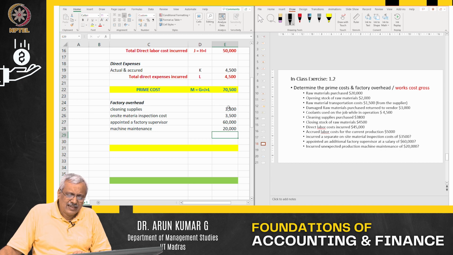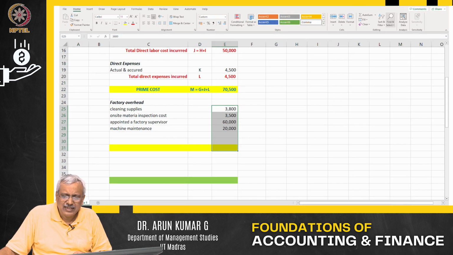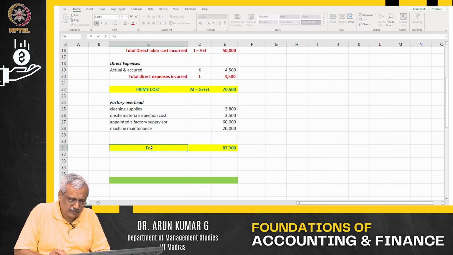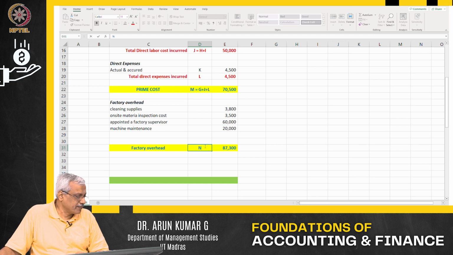So, this entire total is what we call the factory overhead. The total of this is what I would call the factory overhead. Now, let me term it as N in this particular case.